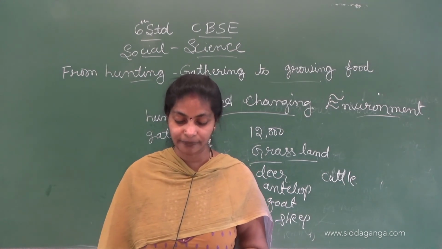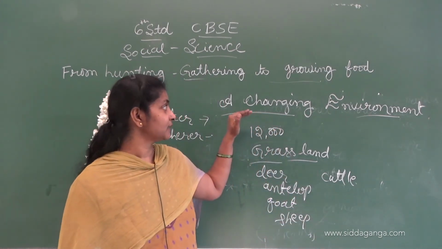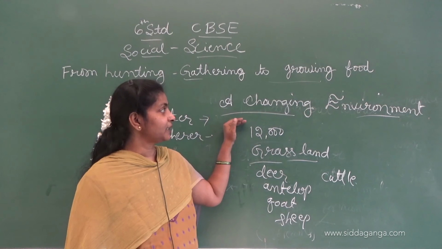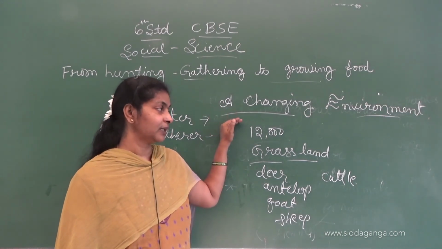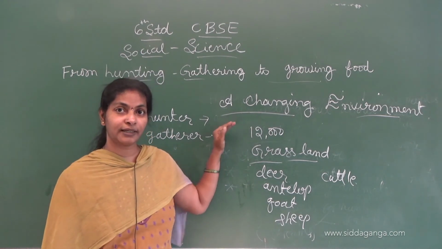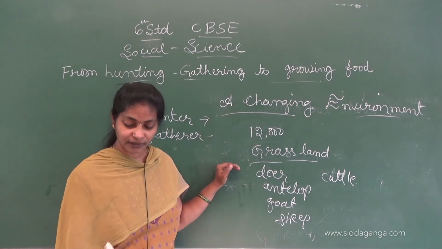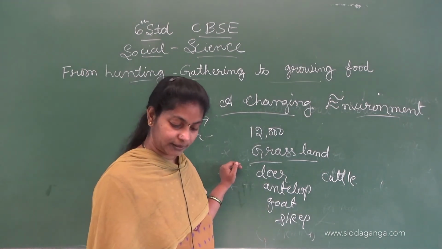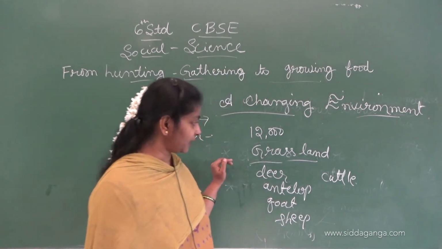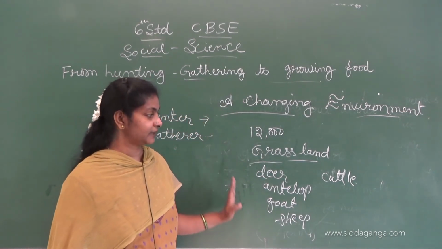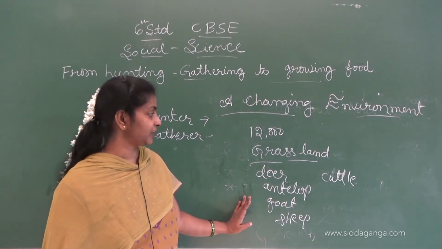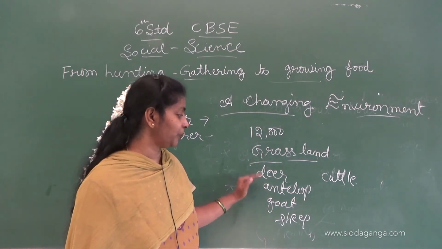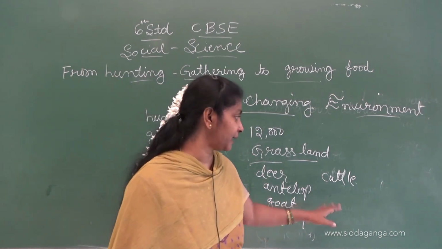Understood the situation? When the climatic condition and the whole environment were changed, at that time the grassland was developed. When the grassland was developed, the grass eaters also increased in number, especially the deer, antelope, goat, sheep, cattle.